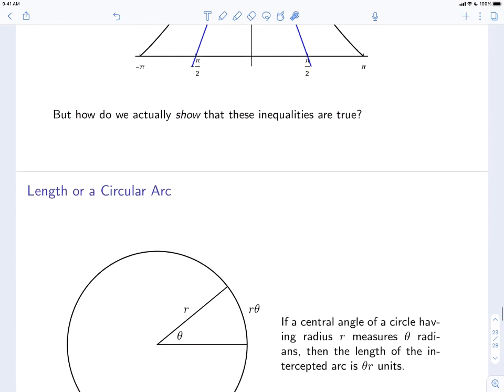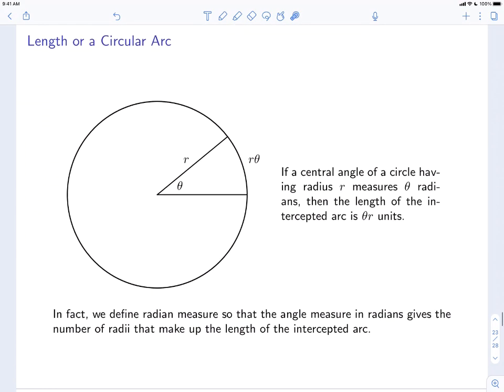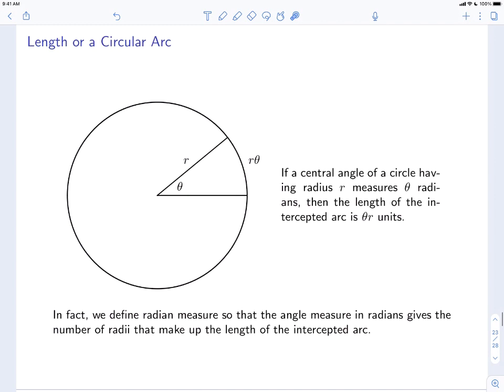Well, we actually have to show that these inequalities are true. And how are we going to do that? Well, we have to use some trigonometry. So let's look at the length, well, this should say length of a circular arc. So we want to look at the length of a circular arc, namely this little piece right here.